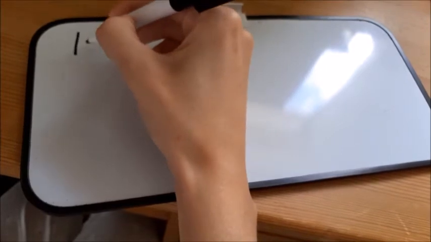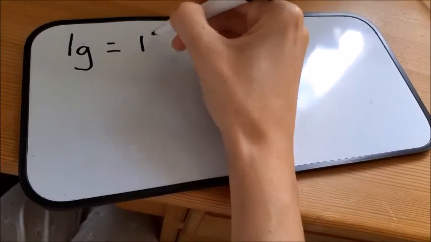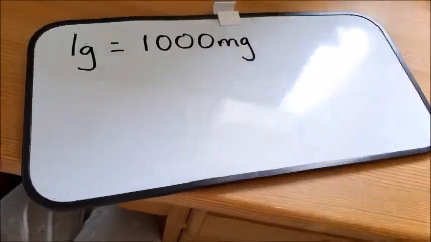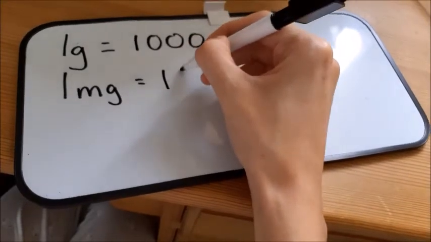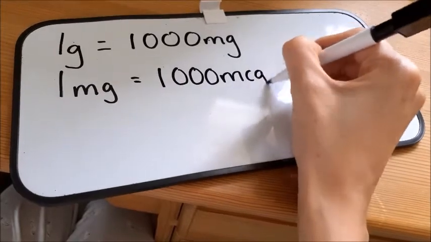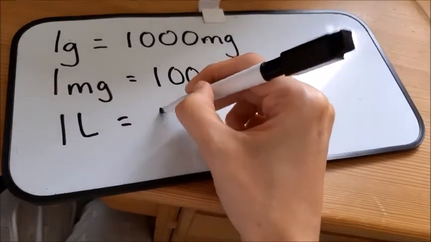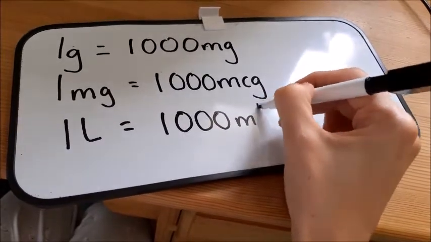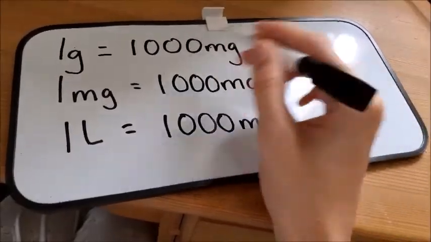So the first rules, or conversions, are: 1 gram equals 1,000 milligrams. 1 milligram equals 1,000 micrograms. 1 litre equals 1,000 milliliters. Okay, and we're going to do some conversion questions based on these conversions.